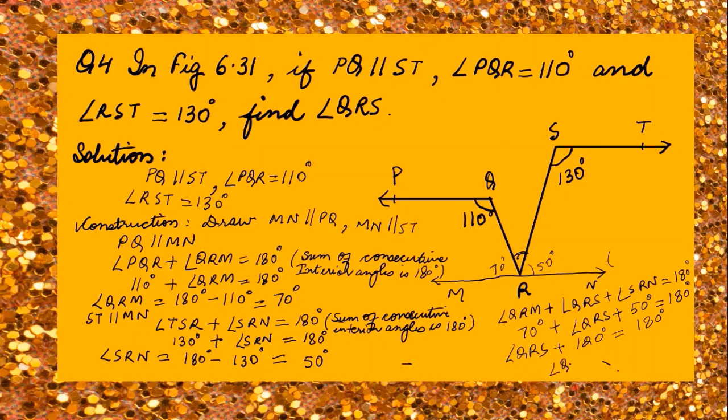So angle QRS is 180 degrees minus 120 degrees. So it is your 60 degrees. So in this way, you can find angle QRS.